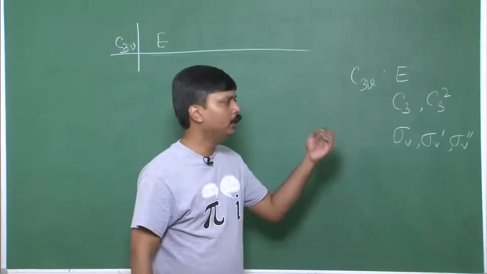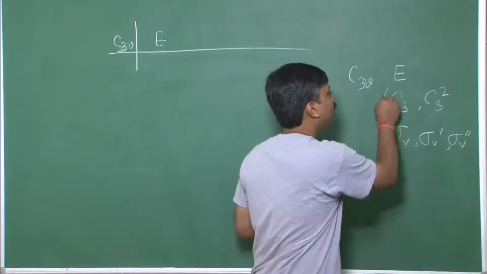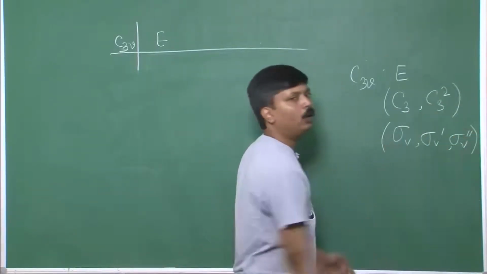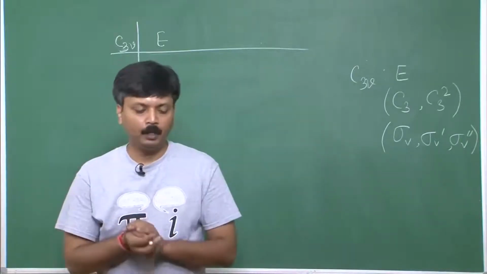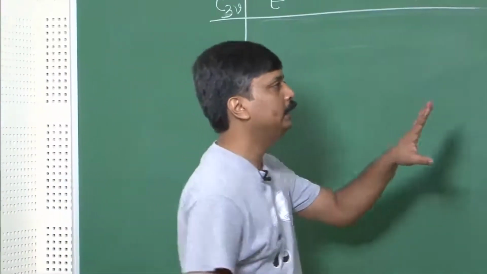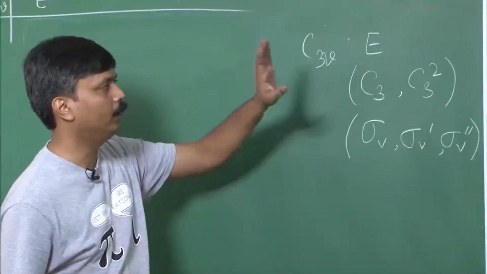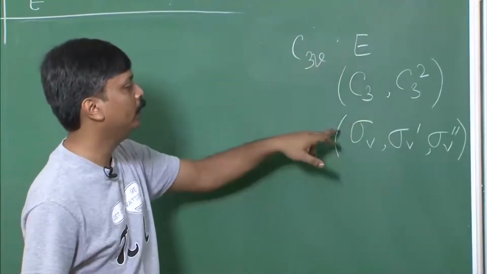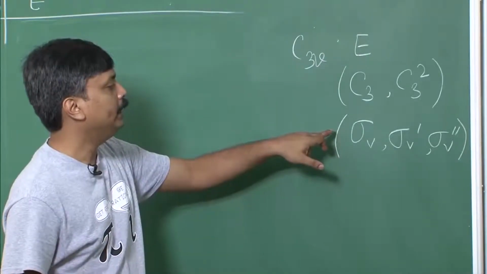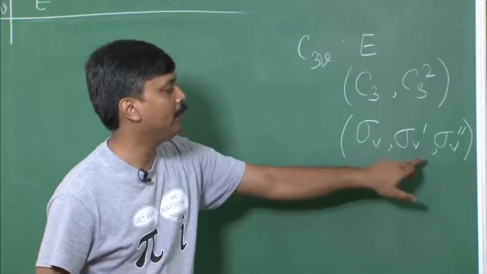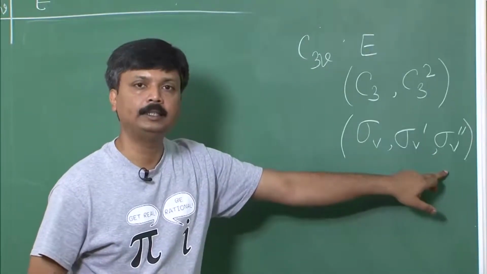We also know that C3 and C3 square form a class, and all 3 sigma v's form a class. So rule 5 says that the characters corresponding to sigma v prime and sigma v double prime are the same.